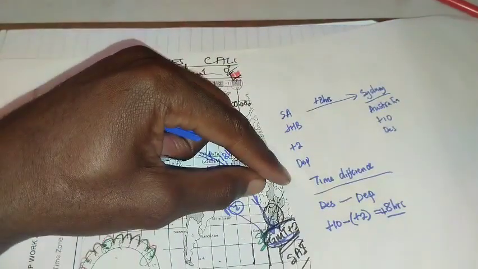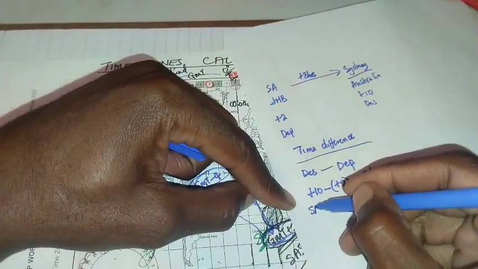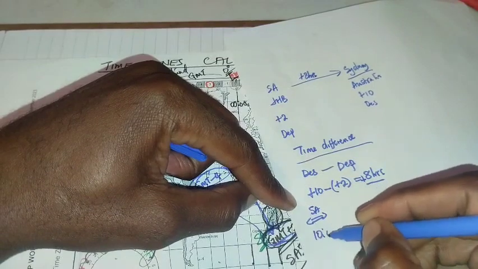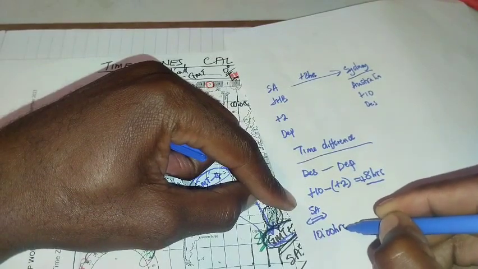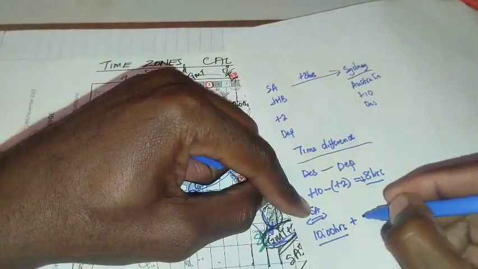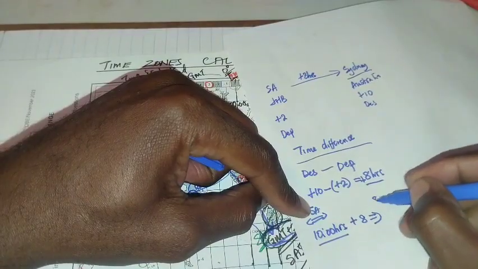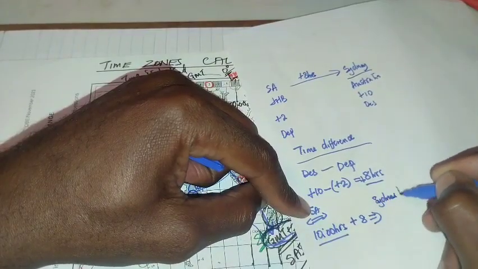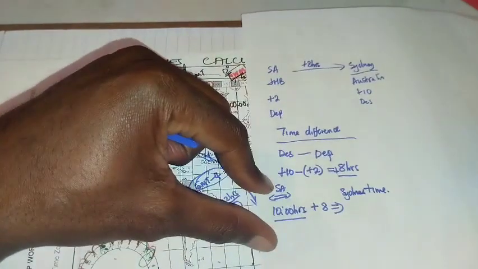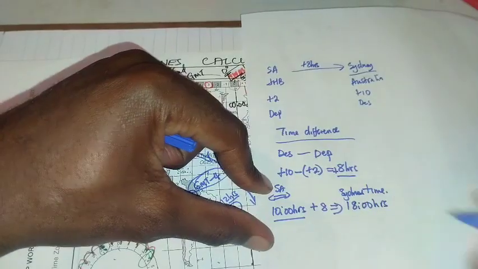Now, if in South Africa your time is 10:00 in the morning, and you add 8 hours, you are going to get the Sydney time, which is going to be 18:00 hours.